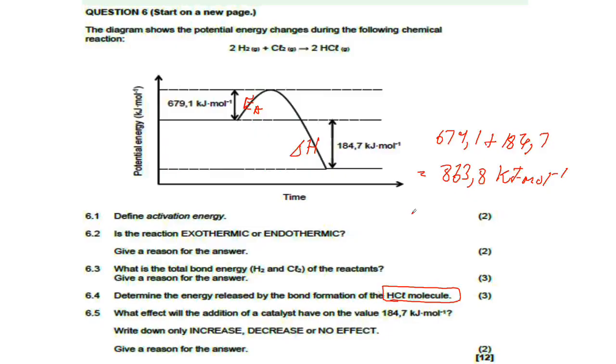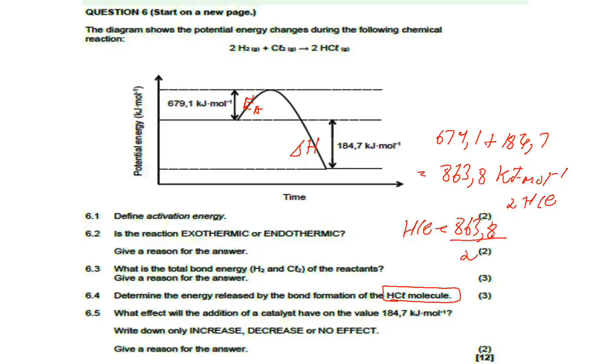So that means this is the energy involved in forming two hydrochloric acid molecules, but we only need one. So we'll say HCl, only one molecule of HCl will be 863.8 divided by 2.